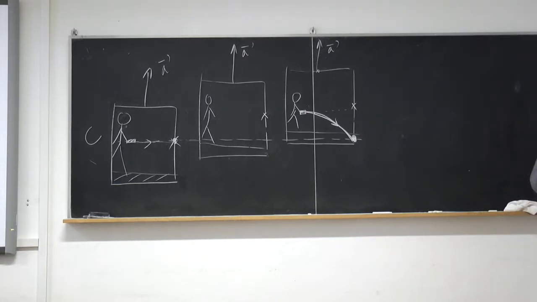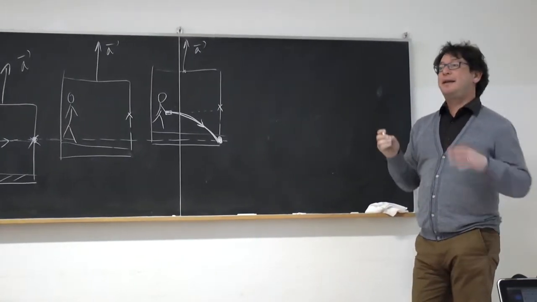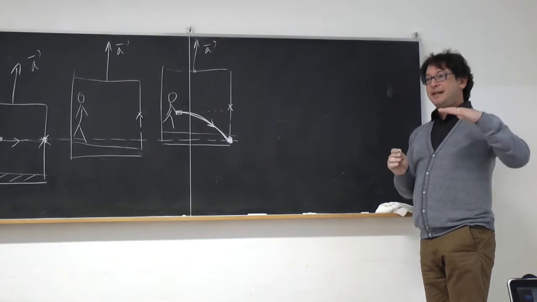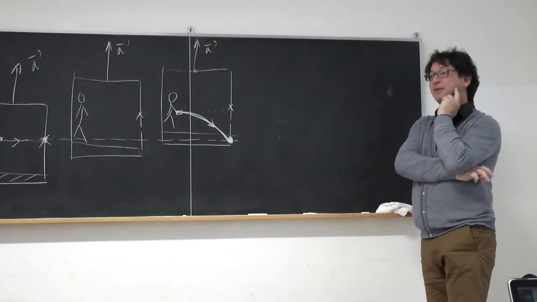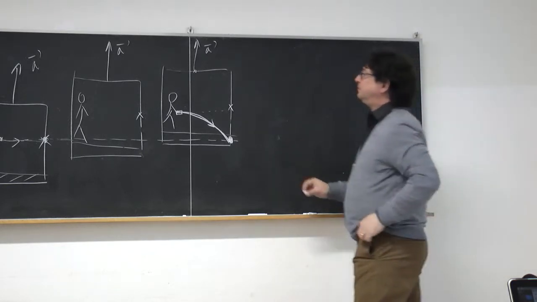So the conclusion of Einstein is, if the equivalence principle is true, then gravity must be something that bends light rays.